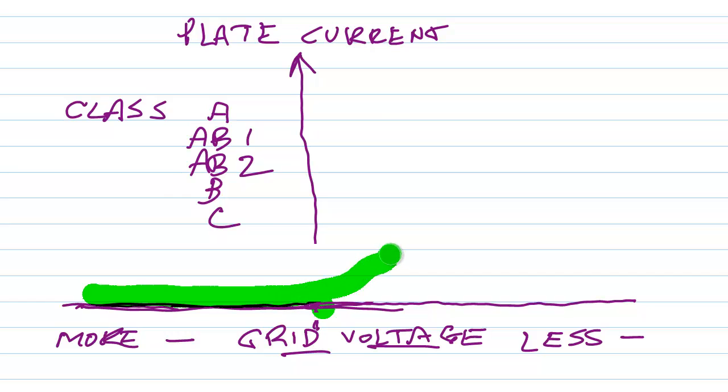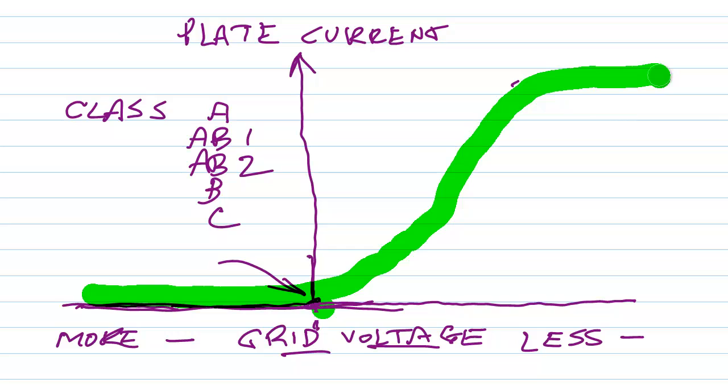There's a curve. It kind of curves and then goes in a straight line and then kind of curves. Okay? This is the cutoff point right here. If you bias the vacuum tube a little further on down towards cutoff, you get class AB operation. Now, there's a distinction between AB1 and AB2.